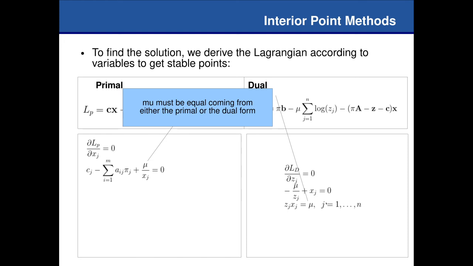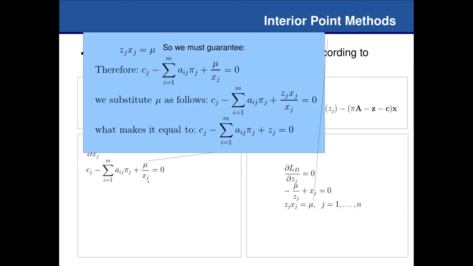Now I'm going to give another step, and actually I'm going to substitute this mu over here by this xj times zj. Of course, if I bring xj times zj here, I can simplify and this will become zj simply. Okay, and that's what I'm doing in this slide. Okay, just providing that substitution.